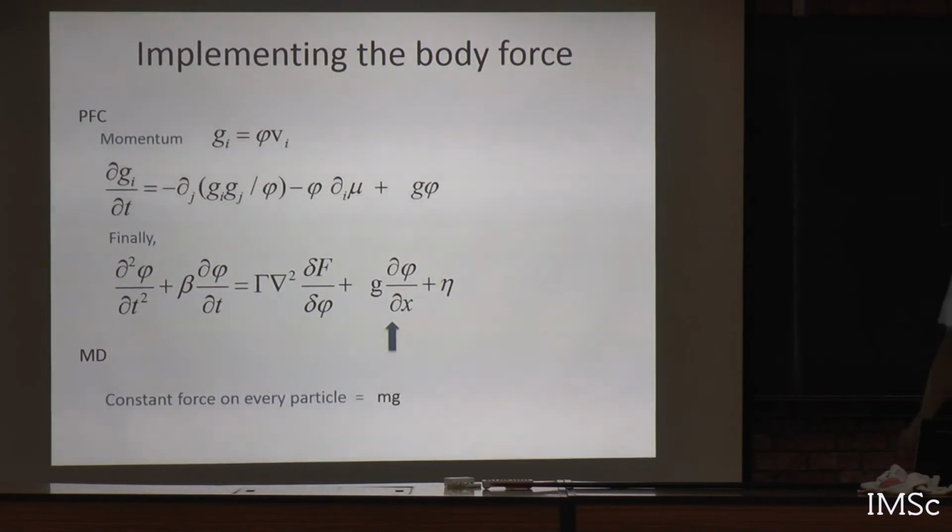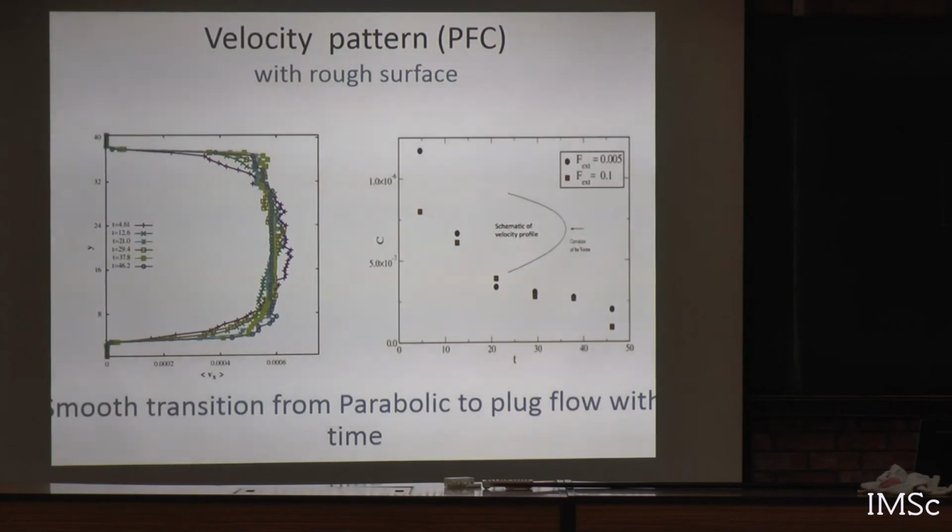Okay. So, for example, if this was a simple fluid, you would expect, here I am showing in our PFC simulation for the polycrystal, the velocity versus y. If this was just a simple liquid, then you will have a parabolic profile. At the walls it will be 0, and then it will be parabolic. Here what happens is that first of all I have to put a rough surface which basically ends here and there.